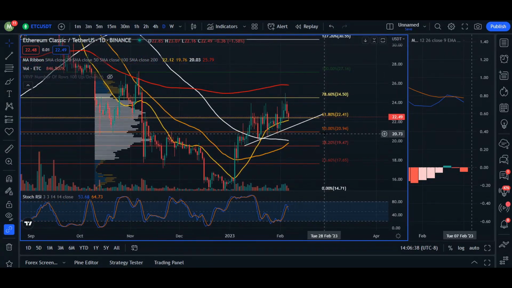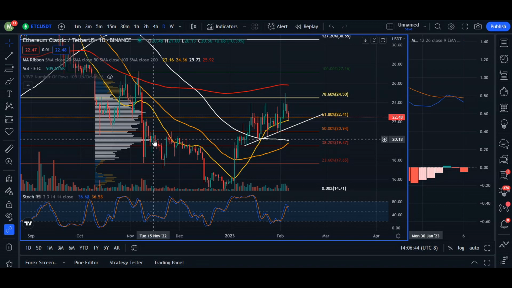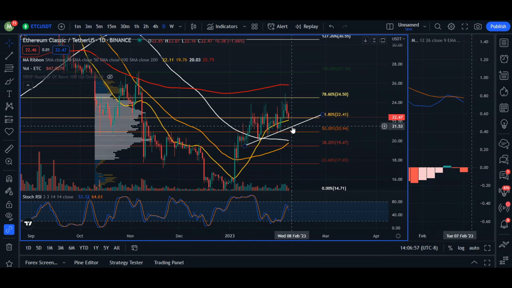So we can see already at the 50%, but even further down, these two nodes are at $20.18 to the $19.92.